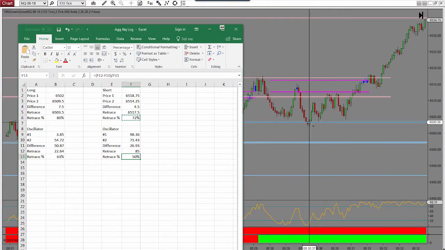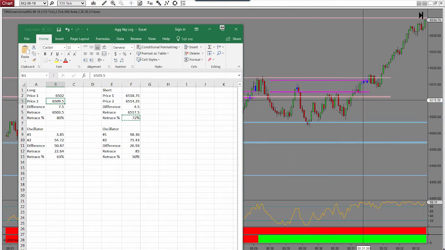Let's look at this area right here, for example. So you can see the low of this move is 65.02 right here. The high of this move is 65.0950 right here. The difference between this low to this high is $7.50.